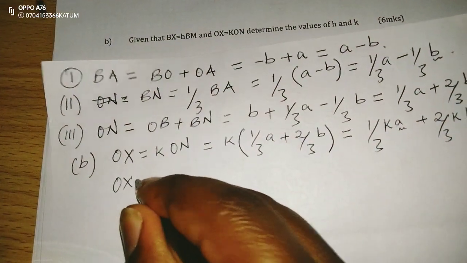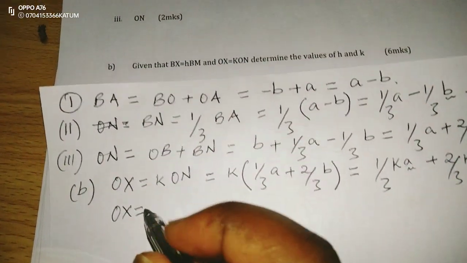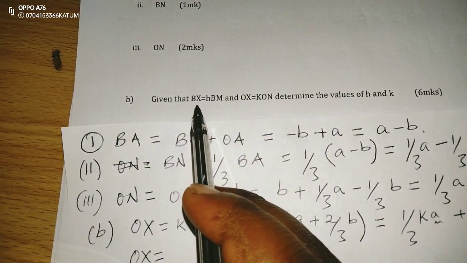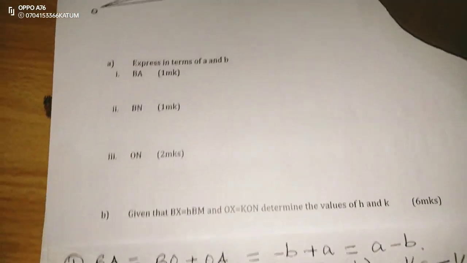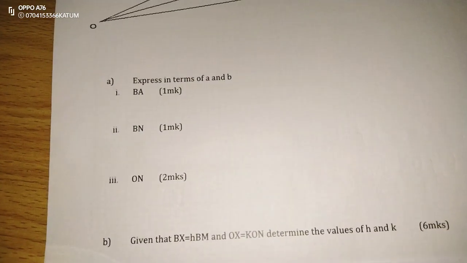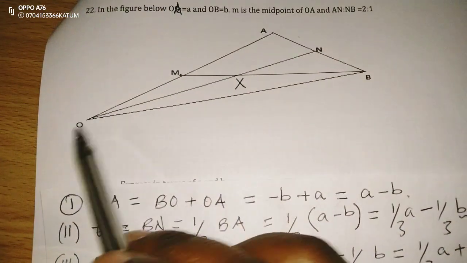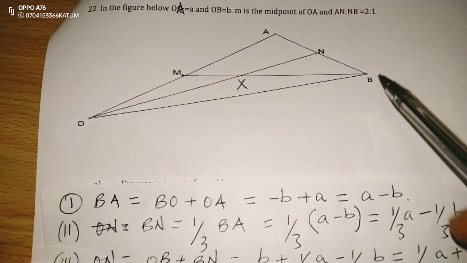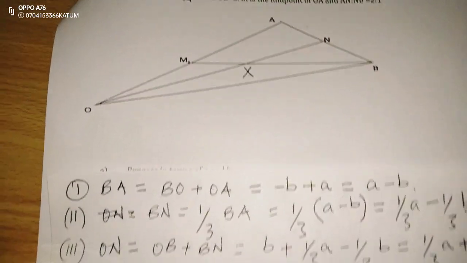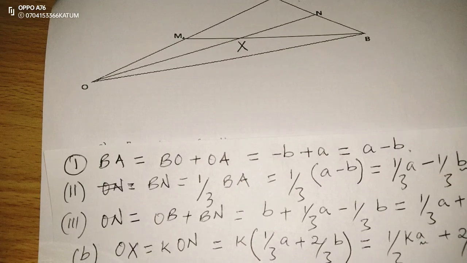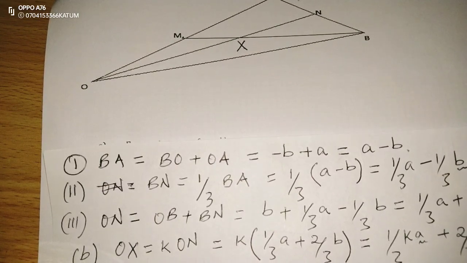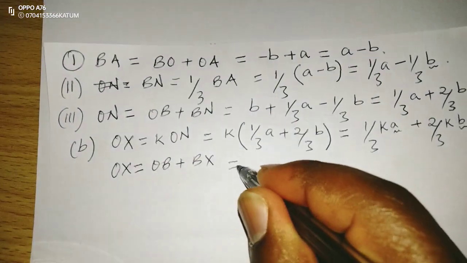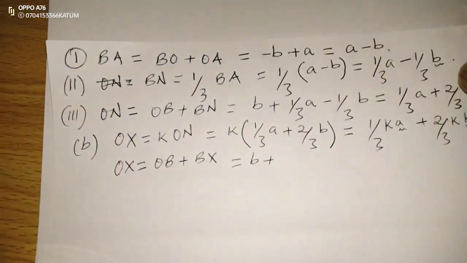Then we express OX in a different way, but in a manner that we shall accommodate BX. So we shall have OX becoming OB plus BX. Therefore, OB is vector B plus BX.